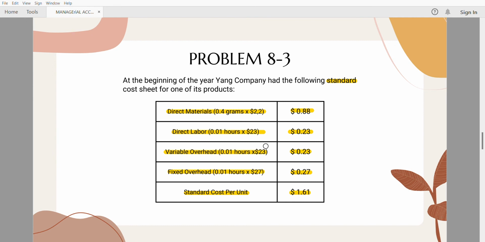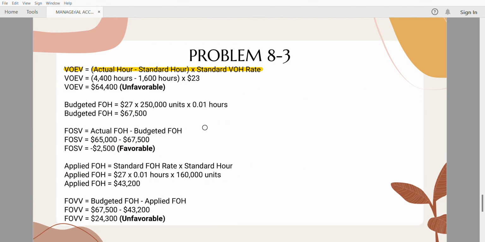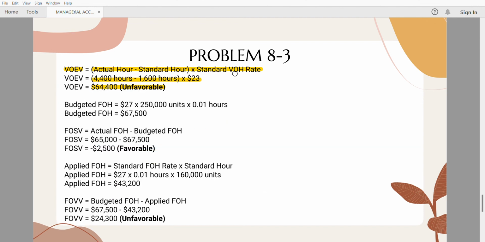Direct labor and VOH have the same amount, so it's the same. But if the variable overhead rate right here is different, then they have a different amount. So basically you just put in the same numbers, and we get 64,400, and it's unfavorable, and it's the same as this one because the standard rate is the same. But if the standard rate is different, then you need to recalculate it.